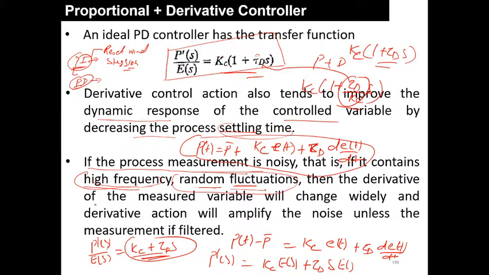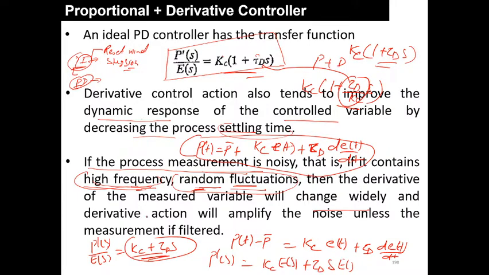The derivative of the measured variable will change widely due to these changes, and it will accept those changes. As with a step signal, it takes de by dt in the form of a certain shock.